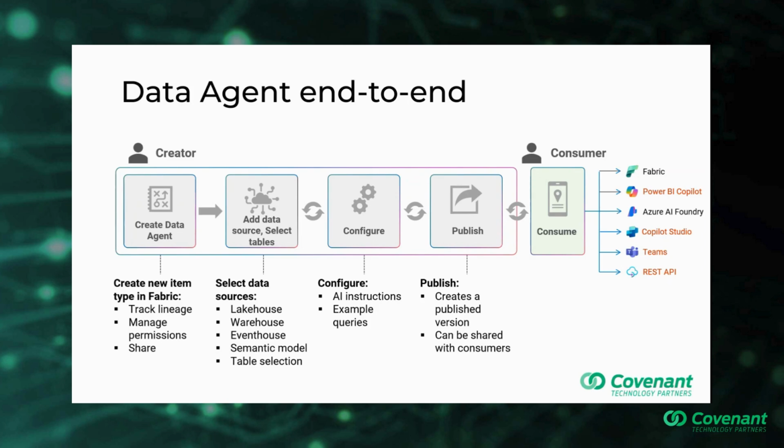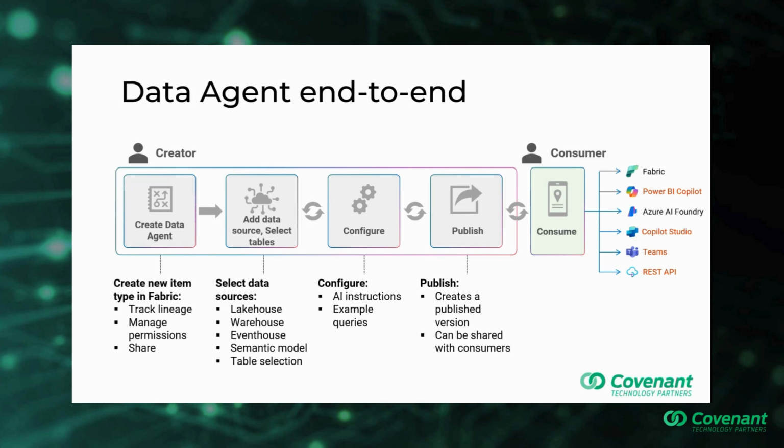We also have the ability to provide some example queries. So we would give it an actual, let's say, SQL statement for a set of questions so it can understand how to navigate our data model a little bit better if it's having trouble with it because, I don't know, maybe our model's not very well designed.